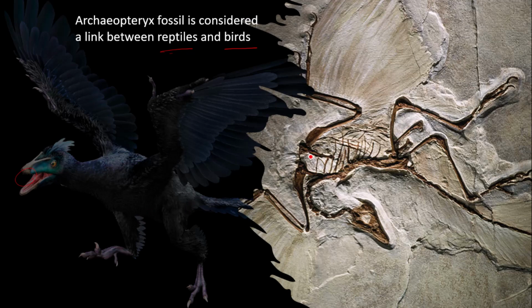And if you look into the bones of the torso, they are compacted like today's bird bones. So that's why we think it is a link between reptiles and birds, because it combines some features of birds and features of reptiles.